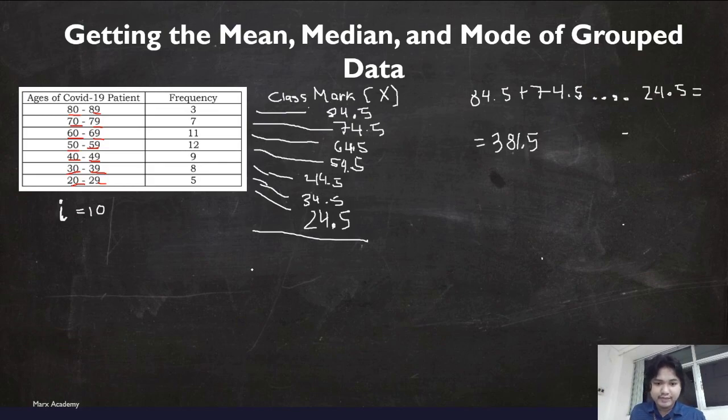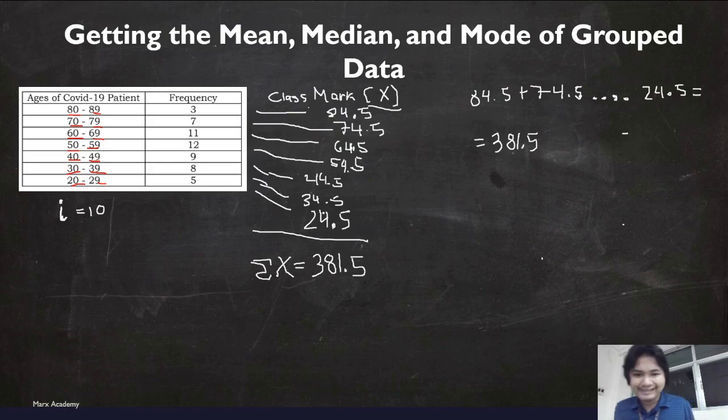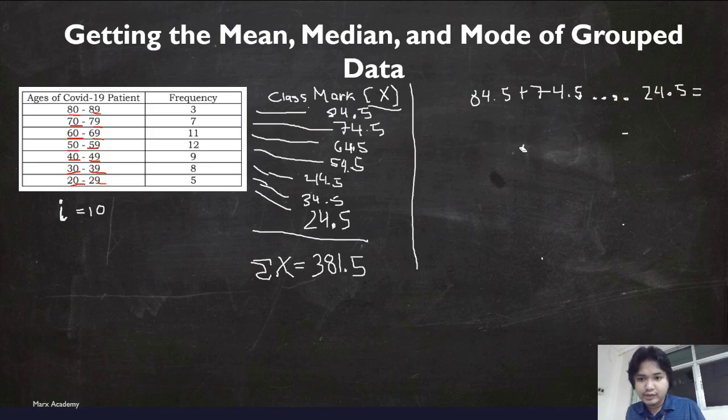So the summation of capital X is equal to 381.5.